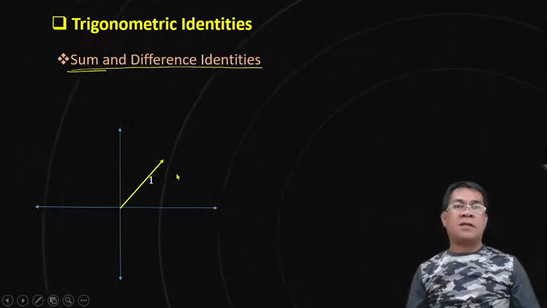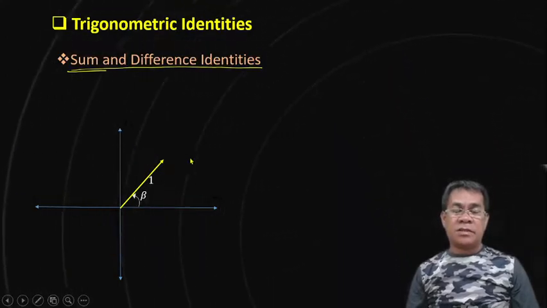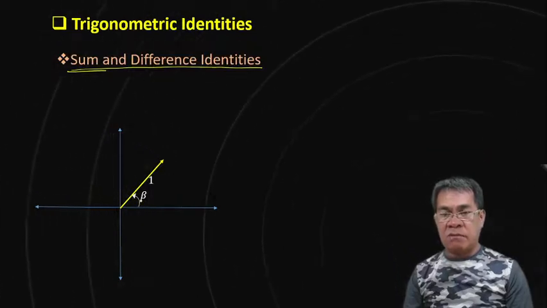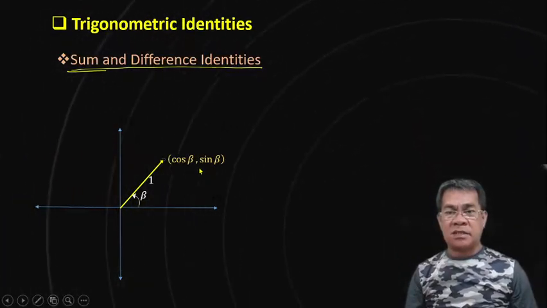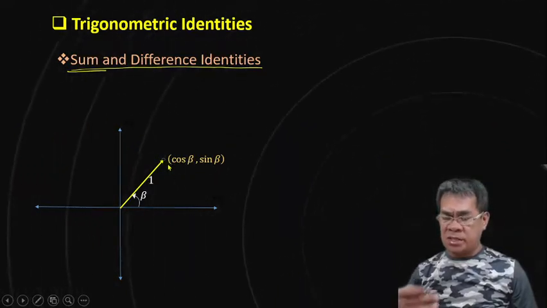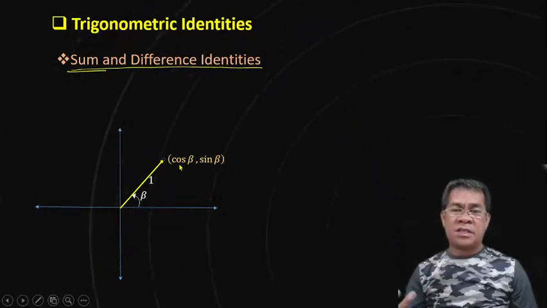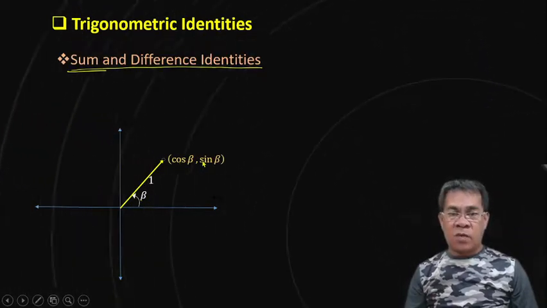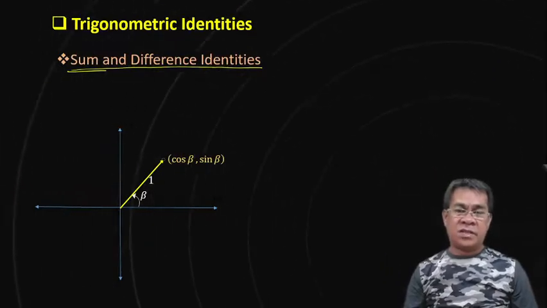So take note that if the radius is 1, then at this point with an angle of beta coming from the x-axis, we can say that the x coordinate, or the abscissa, is just equal to the cosine of the angle beta, and the y coordinate is just equal to the sine of beta.